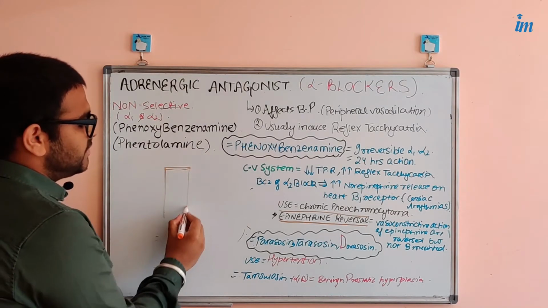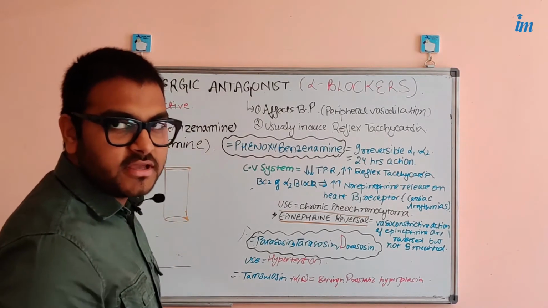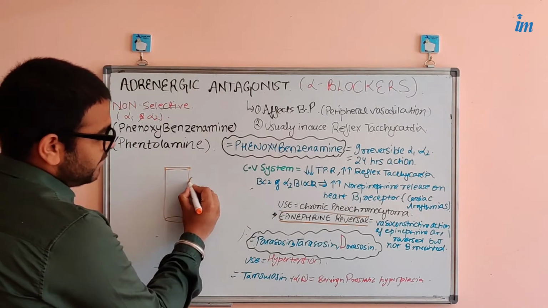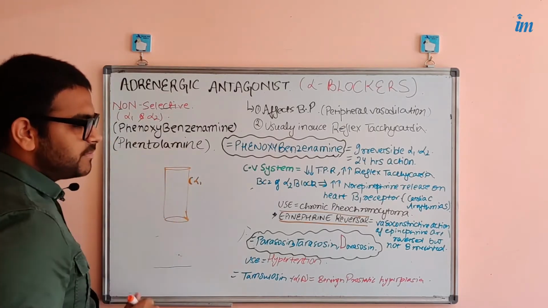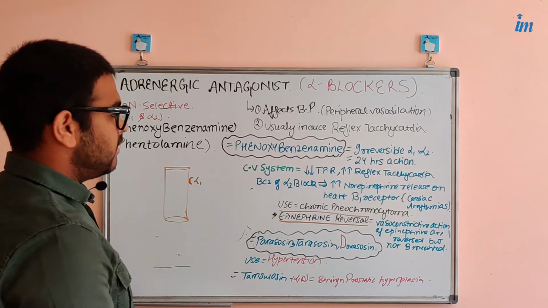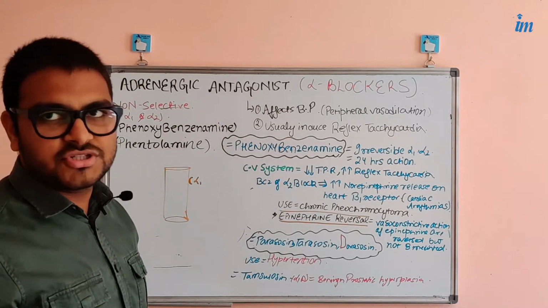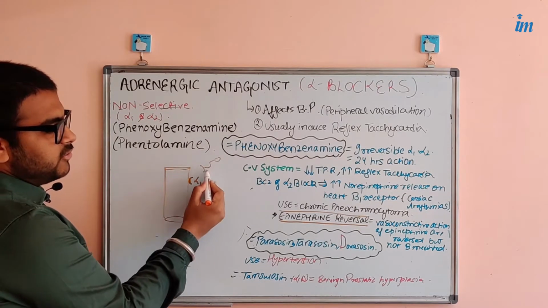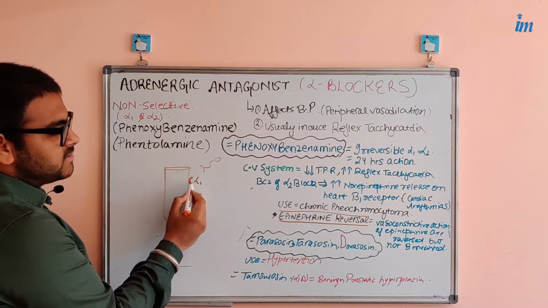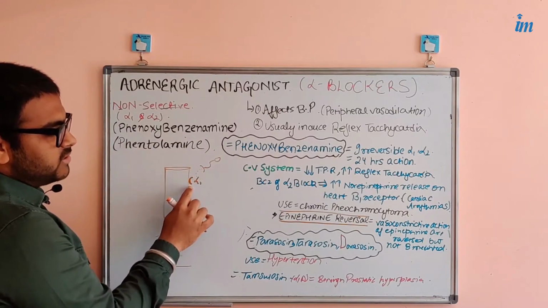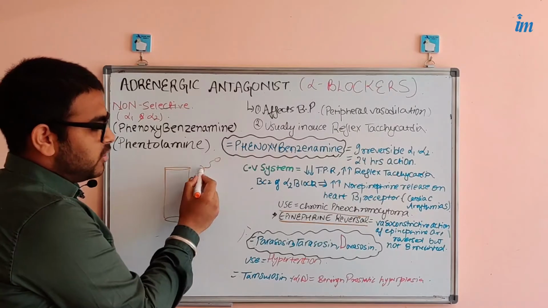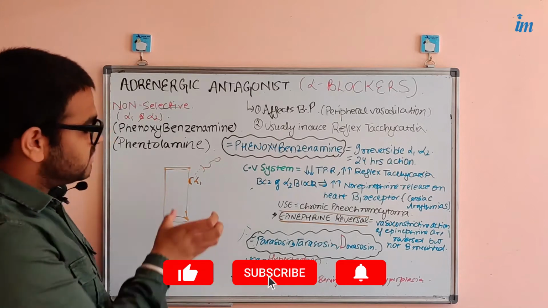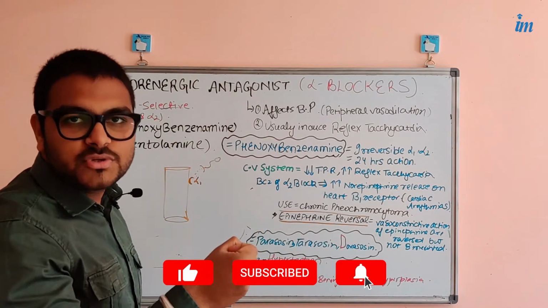For example, this is a peripheral blood vessel in your body, and in most of the peripheral blood vessels we have alpha 1 receptors. Physiologically, a postganglionic sympathetic neuron is secreting norepinephrine on this alpha 1 receptor, so these vessels are in a state of constriction.